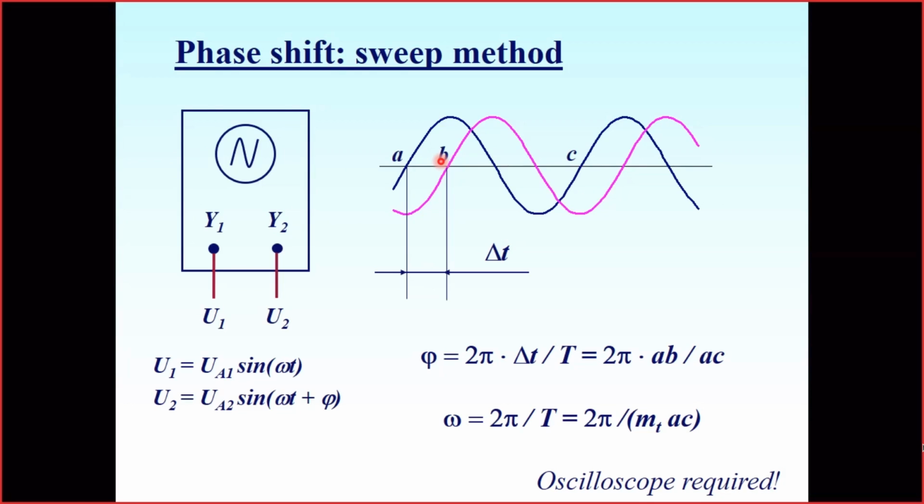One approach, which is maybe a little bit simpler, is to take a maximal point or minimal point. This approach has the advantage that it doesn't depend on whether our signals have some DC bias or not. The maximal point is unique for the whole period, and the minimal point is unique for the whole period.